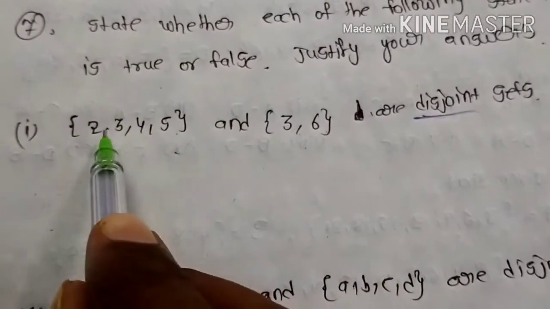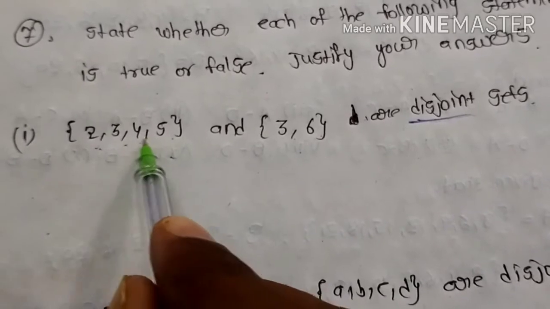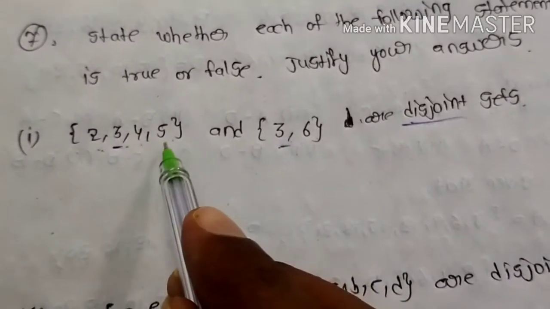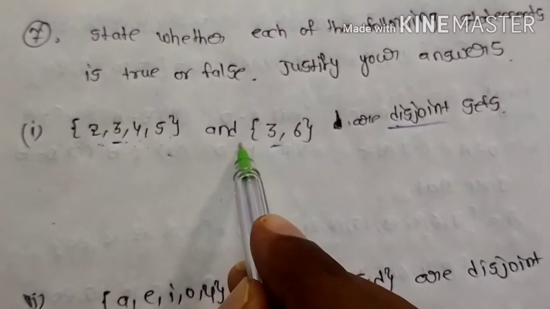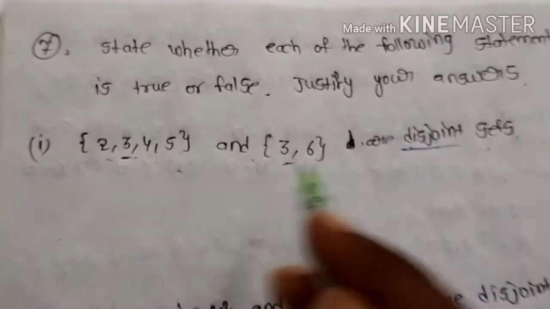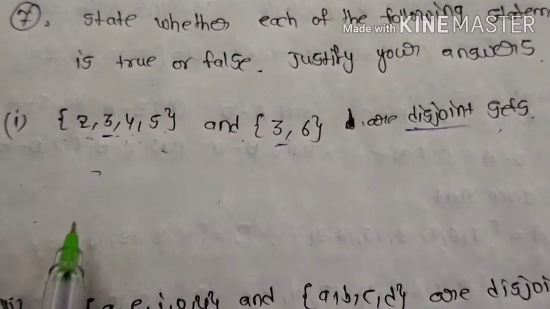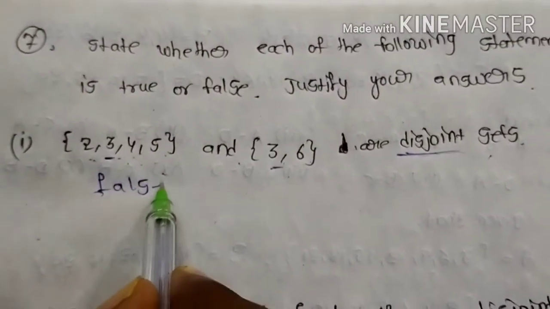Once you observe here, is there any common element? 2, no. 3, yes. 4, 5. See, 3 is common in both the sets or not. So if there is any common element in both the sets, we cannot call them disjoint sets. So is it true or false now? It will be false only. We can write here false.